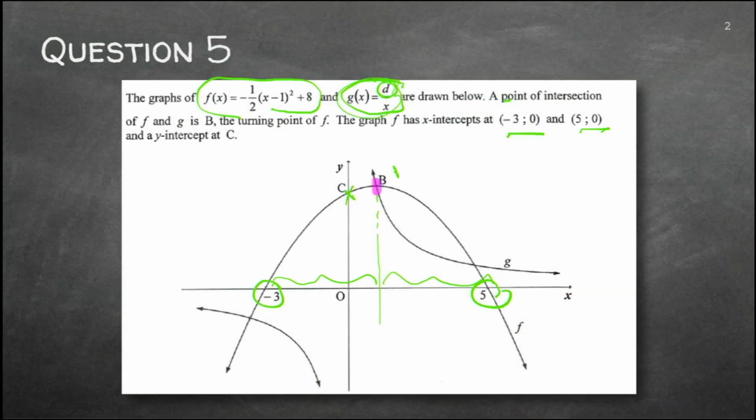Fortunately, we know B is at (1, 8). So let's quickly substitute back and we can start. So if g(x) is equal to d over x, we can say that 8 is equal to d over 1. So d will be equal to 8.